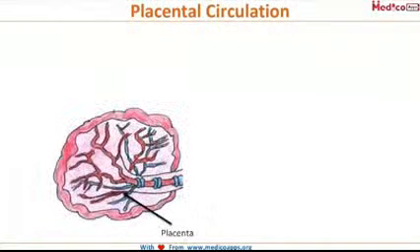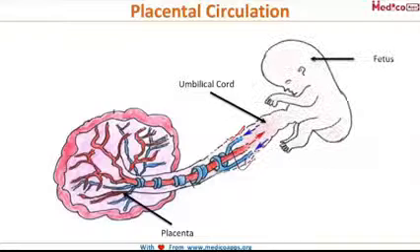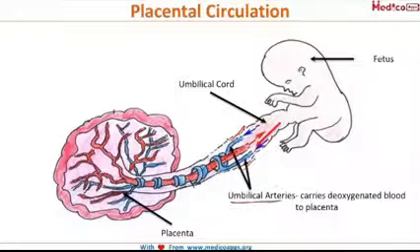This is our placenta. This is our umbilical cord consisting of 3 vessels, 2 umbilical arteries and 1 umbilical vein. And this is our fetus. Now, just opposite to the regular theory that we know that arteries carry oxygenated blood, our umbilical arteries are carrying deoxygenated blood.